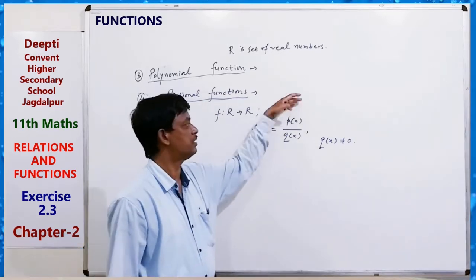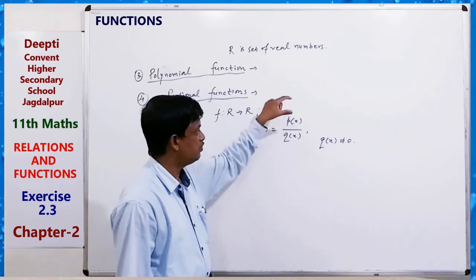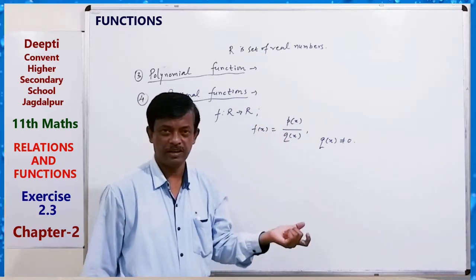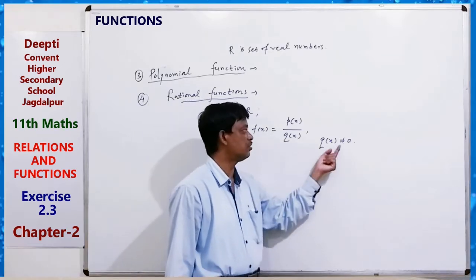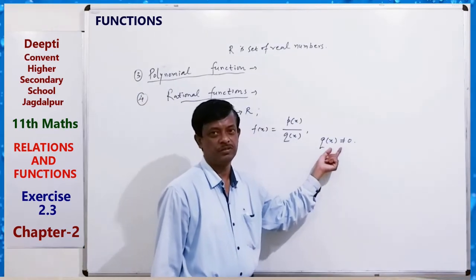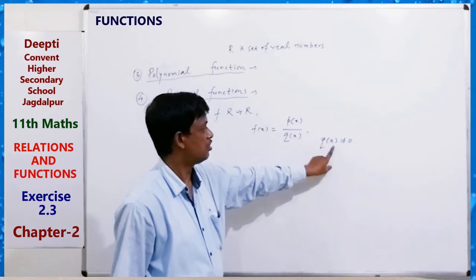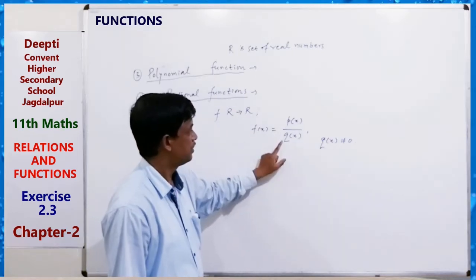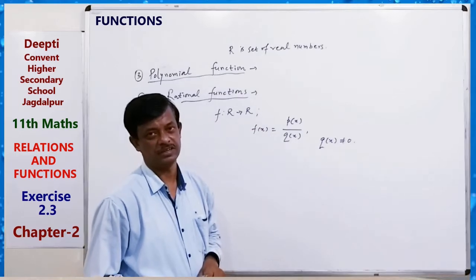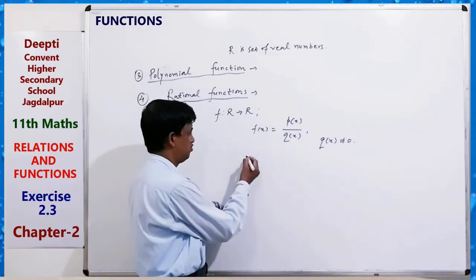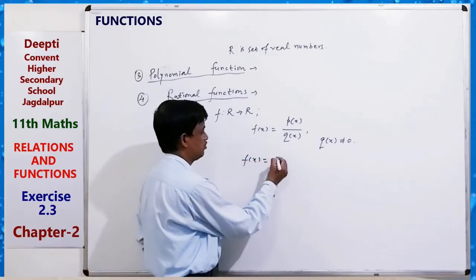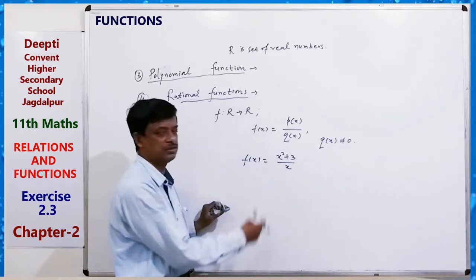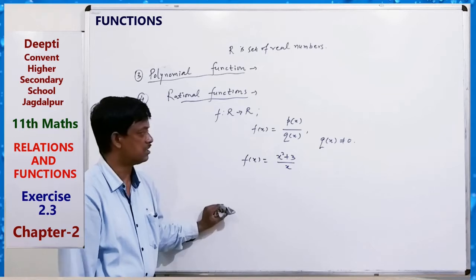Rational means numerator and denominator. In the numerator there is a polynomial, in the denominator there is a polynomial, and the denominator is not equal to 0 for the values of x in the domain. Clear? This is a rational function. For example, if we have f(x) equals x square plus 3 upon x, this is a rational function.